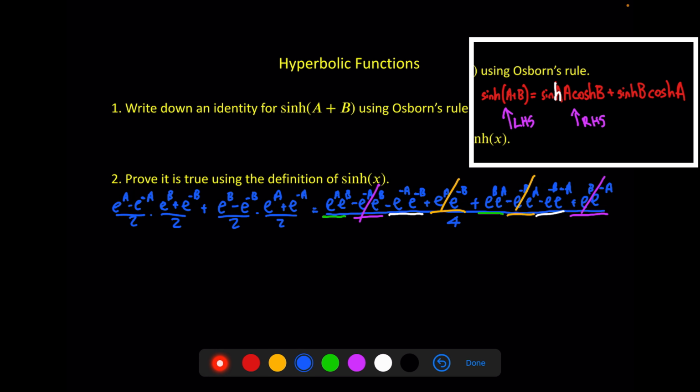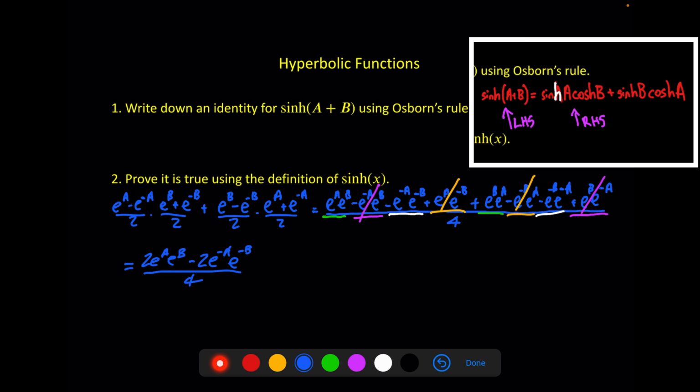So we can simplify this quite a lot to become, we've got in green here, 2 e to the A, e to the B, and the white ones minus 2 e to the minus A, e to the minus B, all divided by 4.